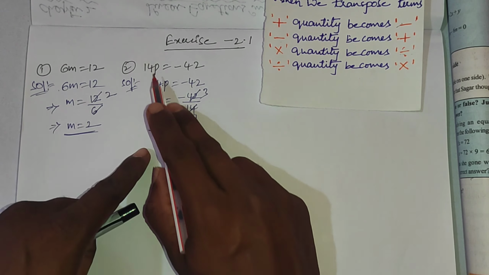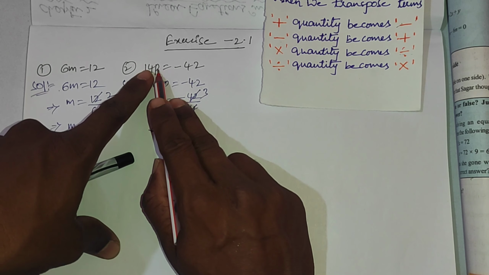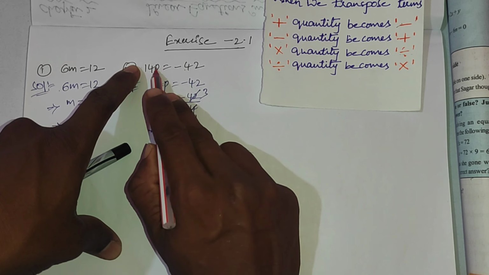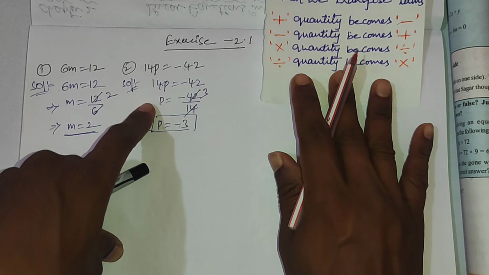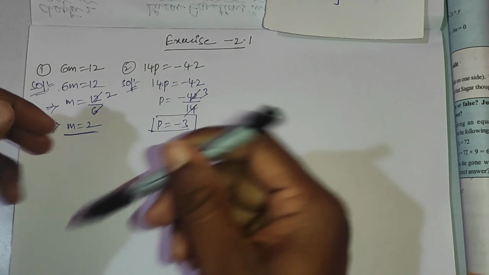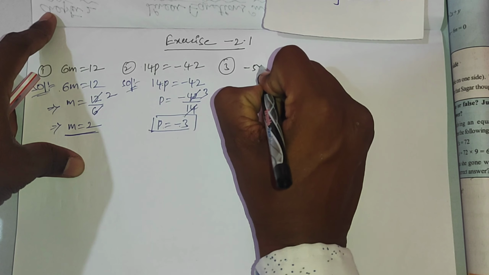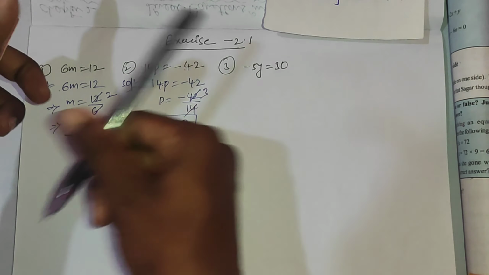If we replace the p value in the given question, what do we get? Plus into minus becomes minus, and 14 threes are 42. That's it. Next, the third one: -5y = 30.